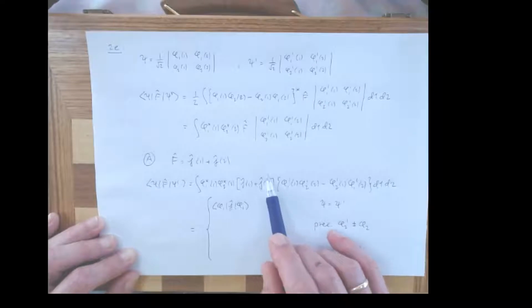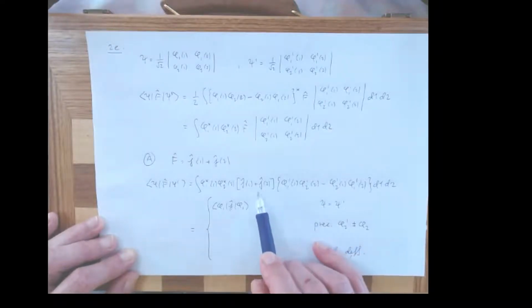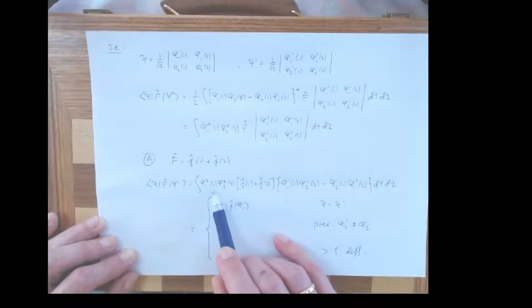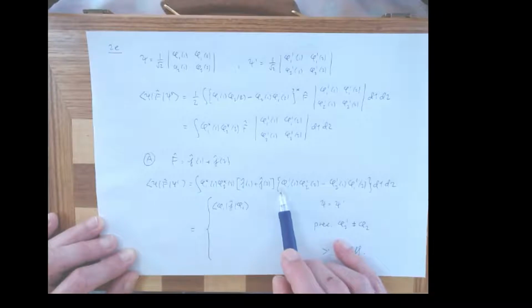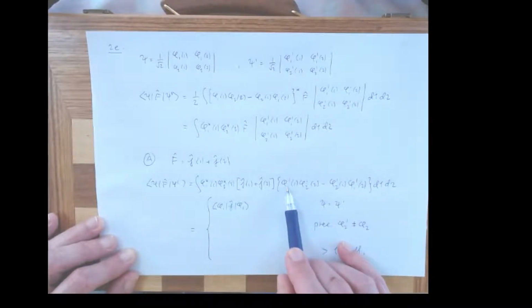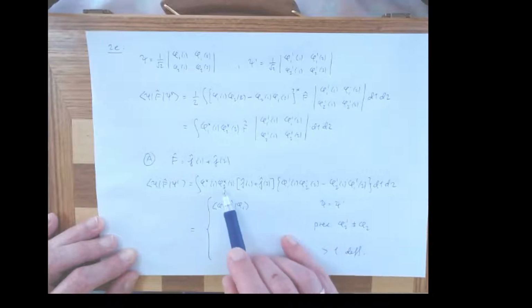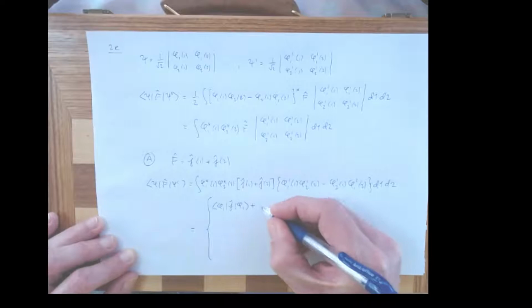So then let's look at the 2 terms following from this operator. Here I have phi 1, and then this operator which does nothing to electron 1, and then this thing here. So in this case, phi 1 squared integrates to 1, and then I have phi 2, and then the operator and phi 2.